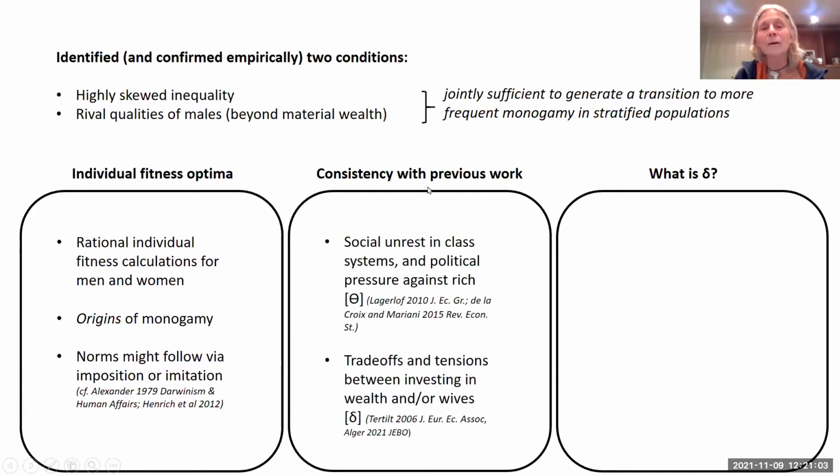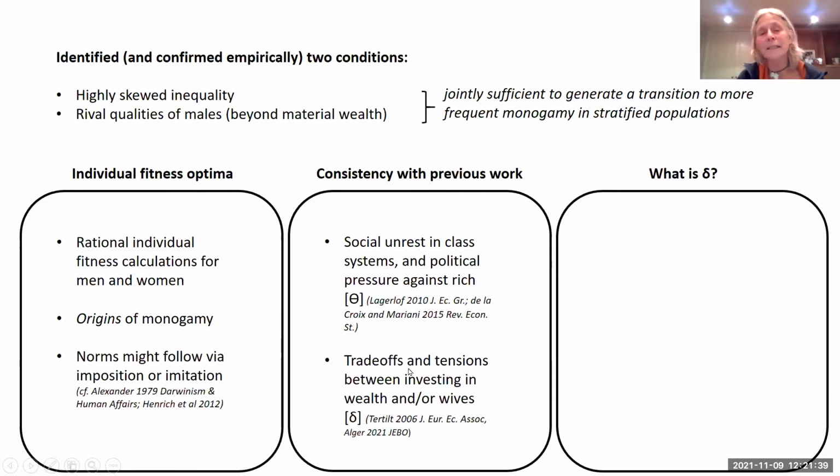Our work also is consistent with previous work, particularly in economics. I don't have time to go into this in any detail, but there have been some really nice models by Delacroix and Mariani, also by Lagerlof, modeling the consequences of social unrest in sharp class systems, or the consequences of political pressure against the rich, which is really capturing exactly what we're talking about with theta, the size of this super wealthy class.